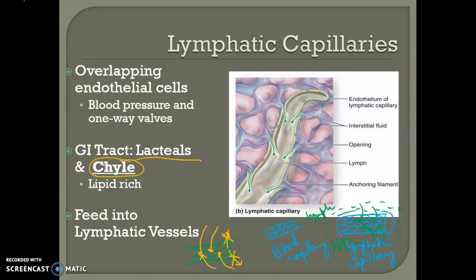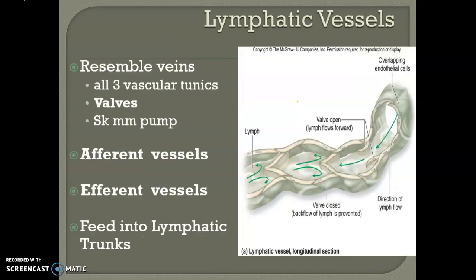The green arrows represent flow of interstitial fluid into the lymphatic capillary, and when we have lots of lymph in the lymphatic capillary, as shown by my yellow lines, when the pressure inside the capillary gets high, these endothelial cells shut, so that the fluid cannot leak out. And remember, the lymphatic capillaries drain into larger vessels called lymphatic vessels.